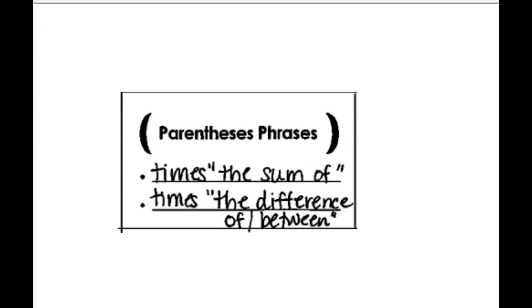Times the sum of, times the difference between. Okay, those are indicators. When you hear times the blah, blah, blah, you need to group that entire expression together. Okay, that's what that means.